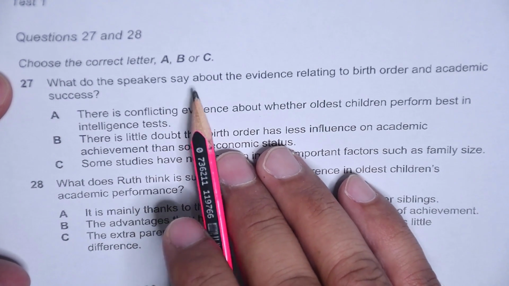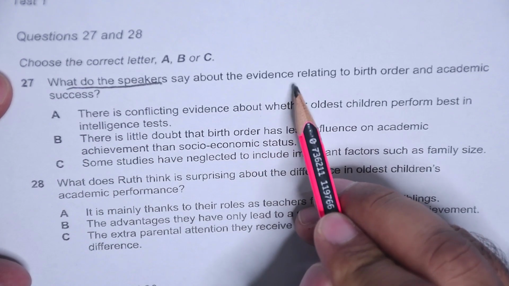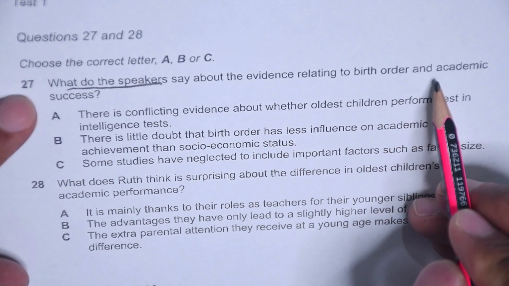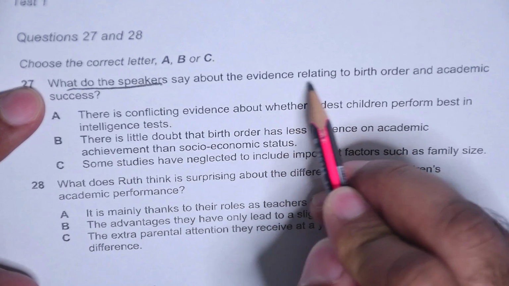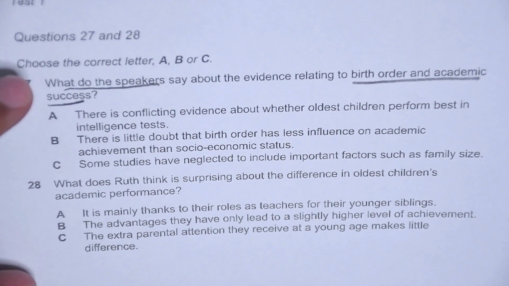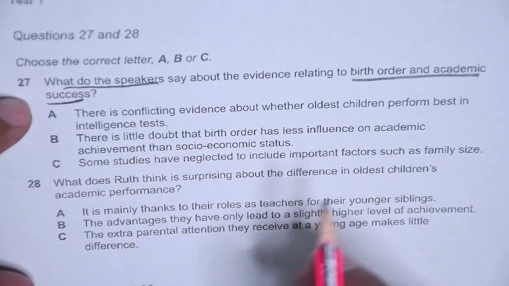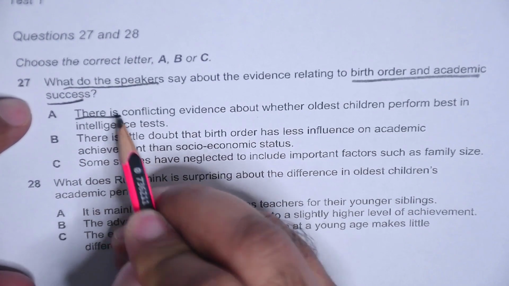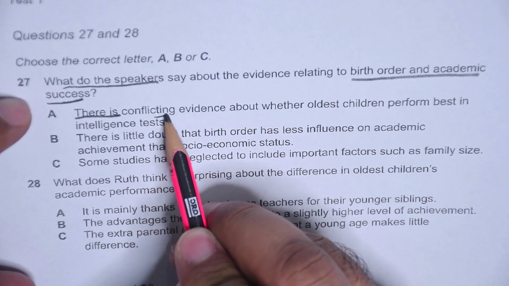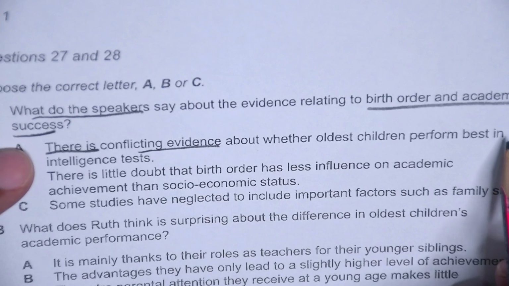What do the speakers say? All right, they say something about the evidence relating to birth order and academic success. So, birth order and academic success, and speakers, they say something. Now, when you read it, do not read the helping verbs. So it's basically conflicting evidence about whether older children perform best in intelligence tests.